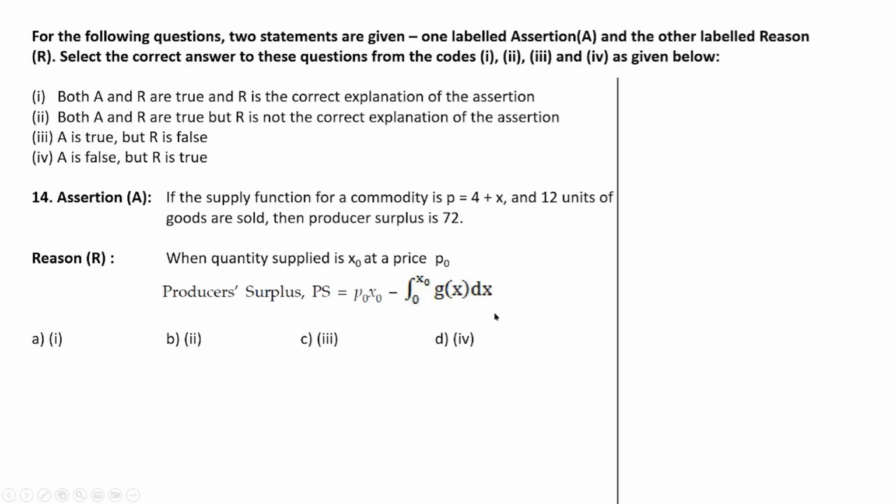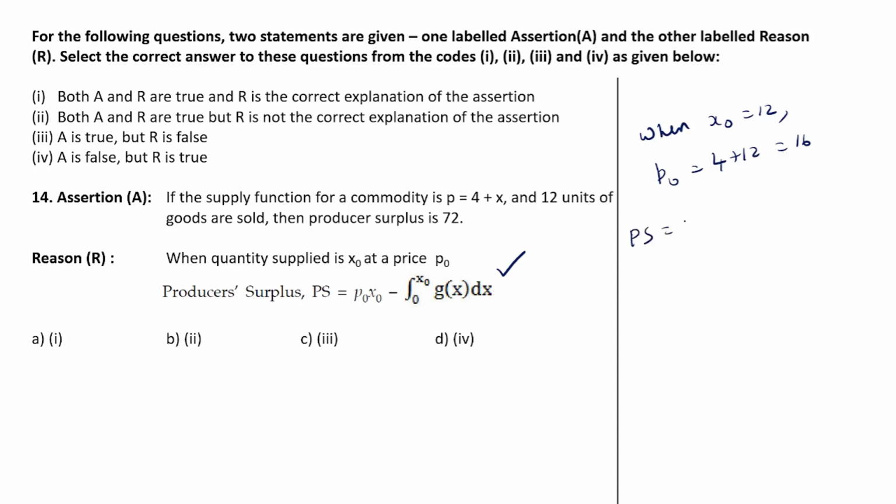We are aware of this relation of producer surplus. So here the reason is true. We have to check whether the assertion is true or not. They have given the supply function as P equal to 4 plus X and 12 units of the commodity are sold. So when X naught equal to 12, P naught equal to 4 plus 12, which is 16.